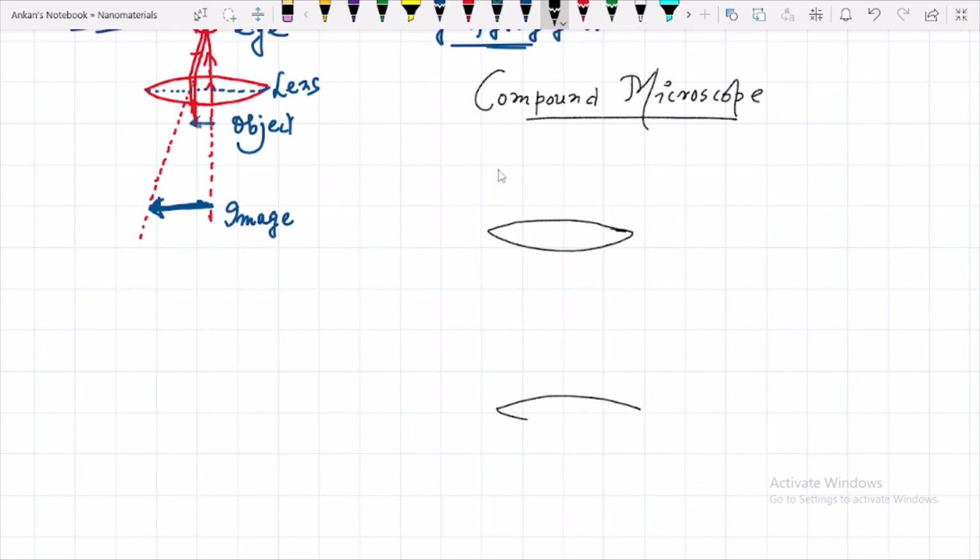The lens present near the object is known as the objective lens, and the lens present near the eye is called the eyepiece lens.